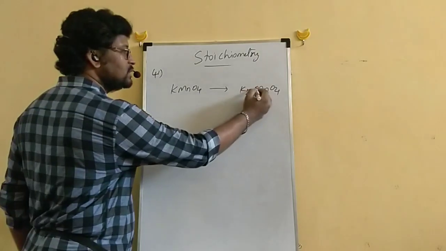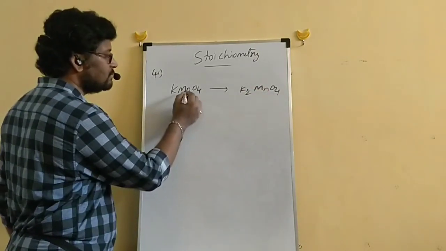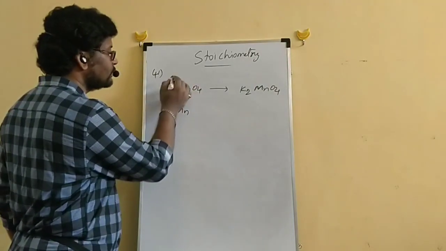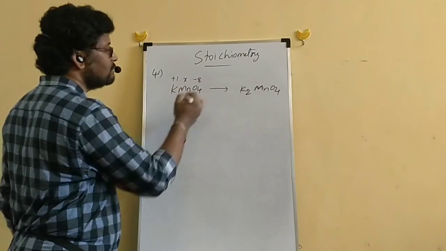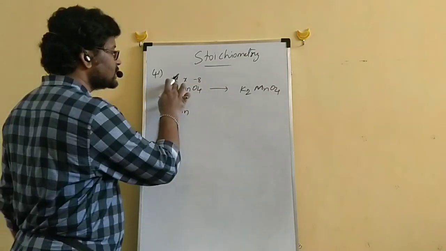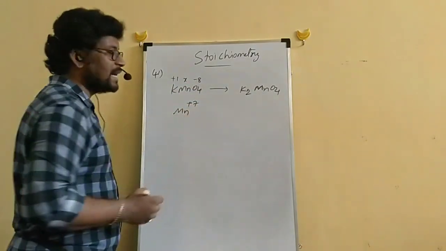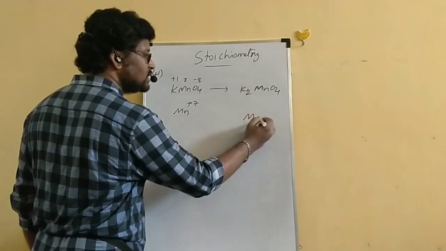Okay, in this condition, we will do one thing: what is the manganese oxidation number in KMnO4? Potassium is +1, 4 into -2 is -8, so x +1 -8 = 0, x is +7, which is manganese +7. Right side, what is the manganese oxidation number?